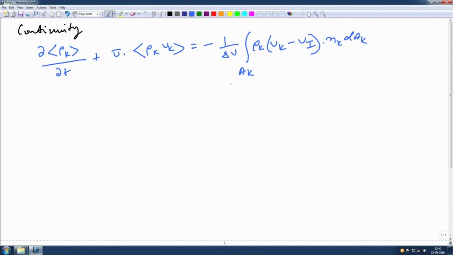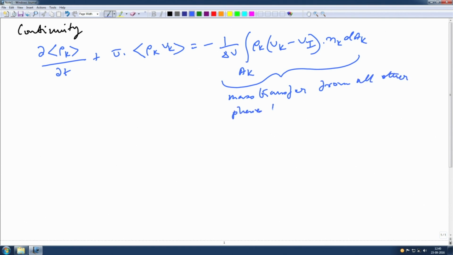Now, this particular term designates the mass transfer from all other phases to the kth phase due to phase change.